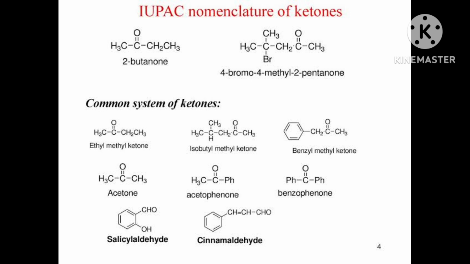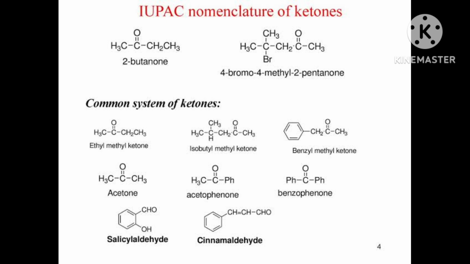pentane. The E you remove and add 3-one, because when both sides have the same group, numbering can come from any one end. Here carbon number 2 and carbon number 4 have a methyl group.